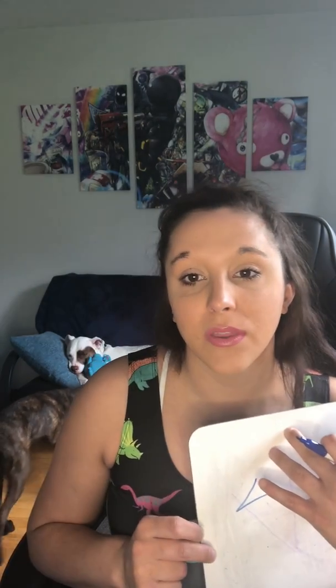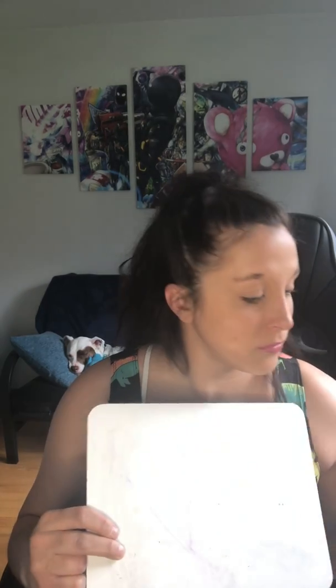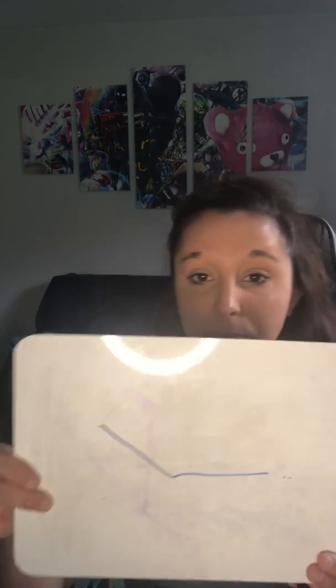This is acute. So I always thought when I was younger and learning this, I was like, oh, it's so cute. It's little, like a puppy. So I always know that acute is a small angle, like cute. An obtuse angle is big.